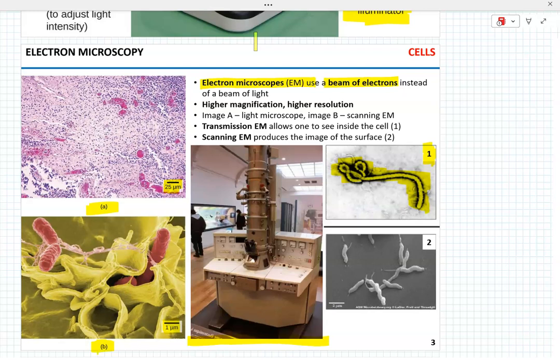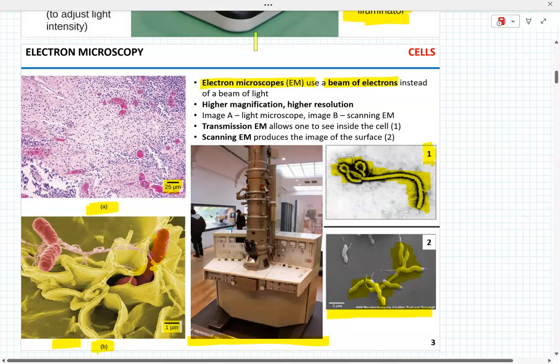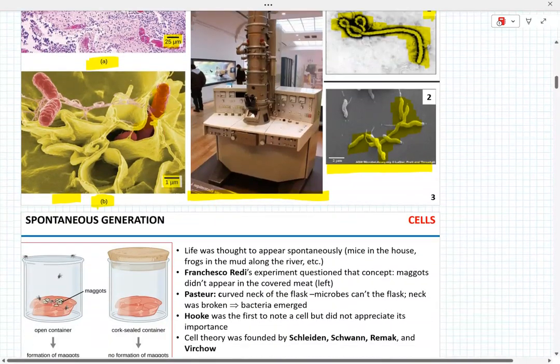Scanning electron microscopy gives you an image of the surface of the cell, but not the inside. The image B is artificially colored. But if you want a high resolution image of the cell shape, like in case of this Campylobacter jejuni, you would use scanning electron microscope.